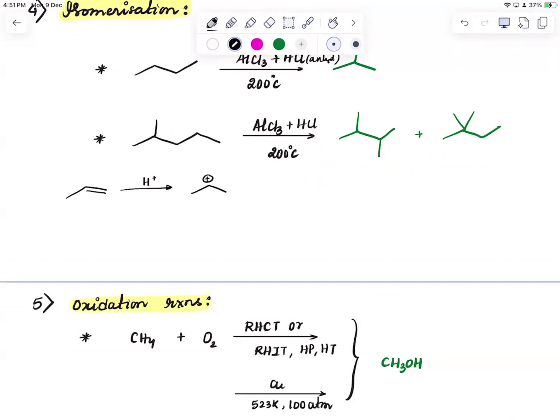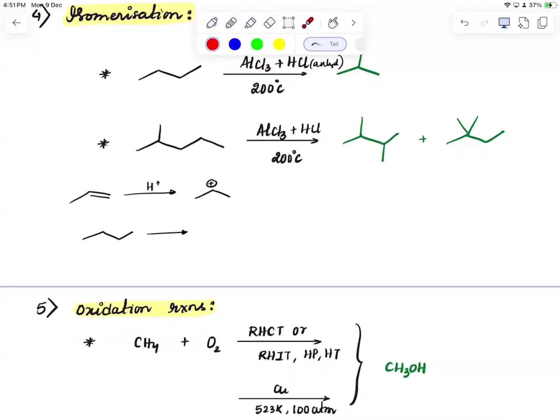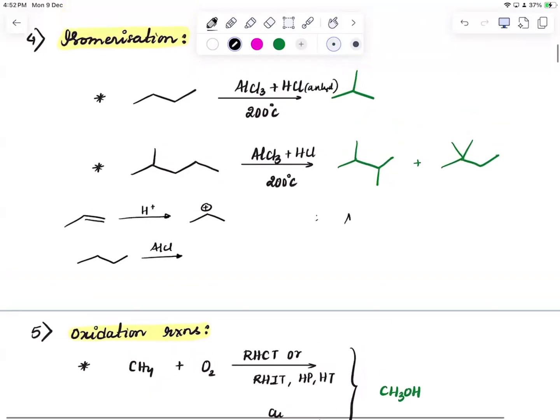Right. Next, once we get this, we will try to see how to generate a more stable carbocation in this case. On this alkane form here, imagine in the presence of AlCl3, you can think this way, beta. AlCl3 plus HCl is basically converting into AlCl4 minus, and that's how it is releasing H plus.